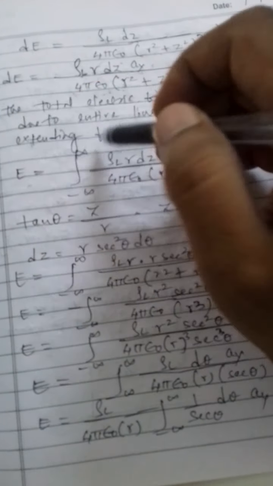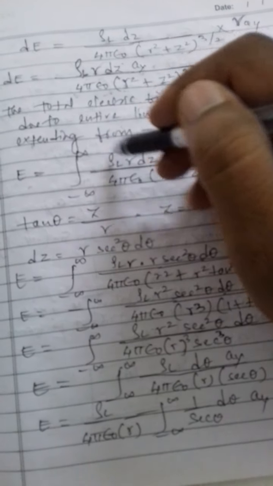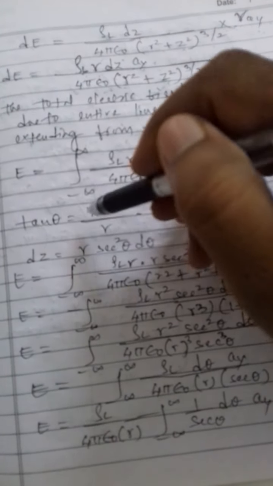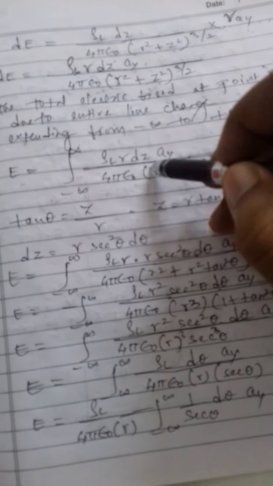But here you have to determine the total electric field intensity due to the entire line charge extending from minus infinity to plus infinity. Here rho L r dz ay upon 4 pi epsilon naught into bracket of r square plus z square whole raised to 3 by 2.